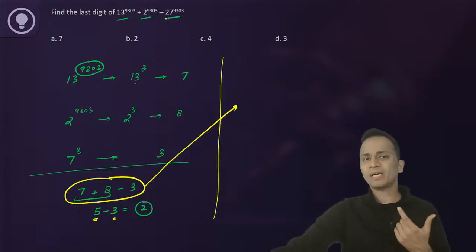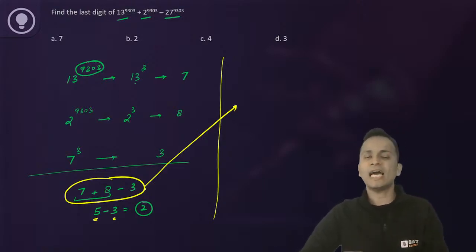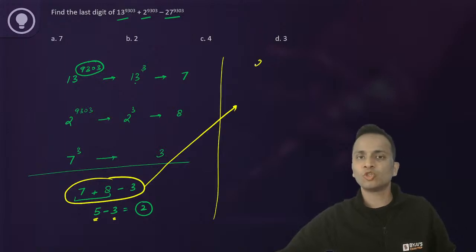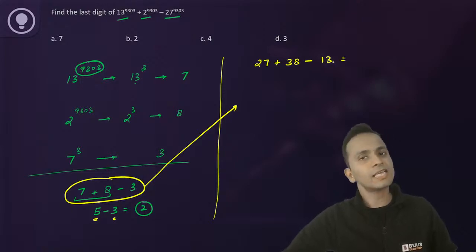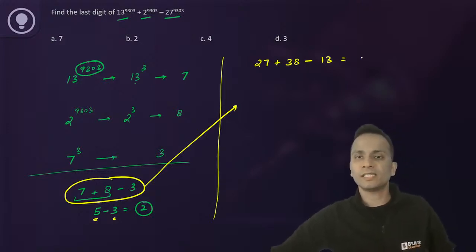Now I'll pick three numbers ending with 7, 8, and 3. So 27 plus 38 minus 13. Let's calculate the actual unit digit here. Listen carefully. 27 plus 38 is 65, minus 13 is 52. So the unit digit is 2 here.